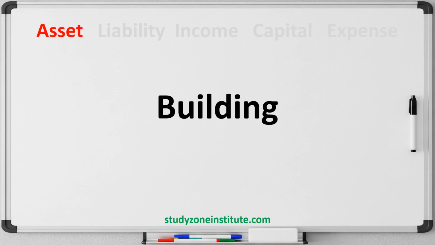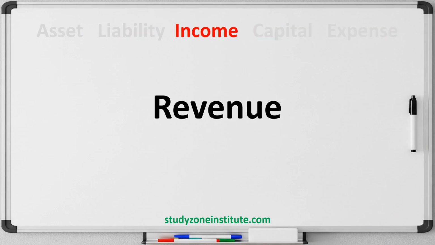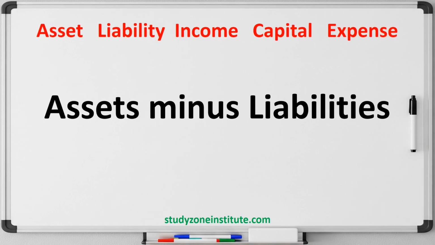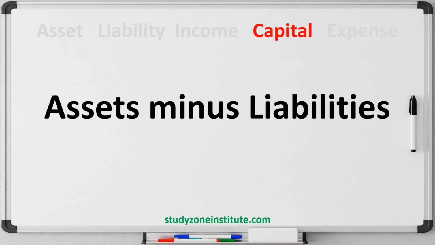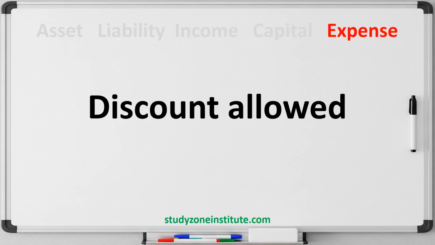Asset. Revenue. Income. Returns outwards. Income. Assets minus liabilities. Capital. Discount allowed. Expense.